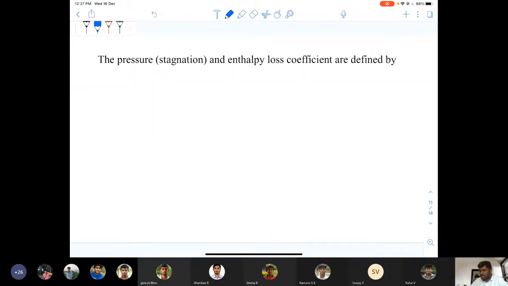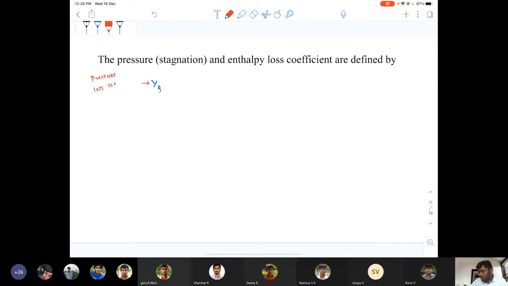Now, the stagnation pressure loss coefficient and the enthalpy loss coefficient are defined by an equation. Y of R, where R denotes the rotor and Y denotes the pressure loss coefficient.